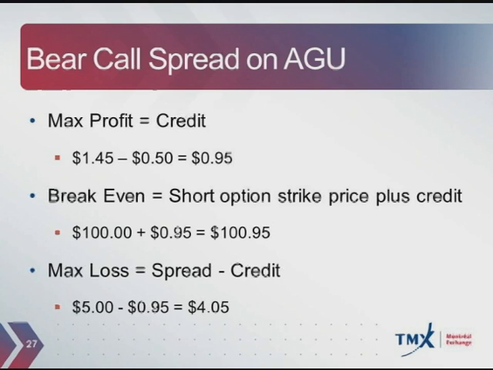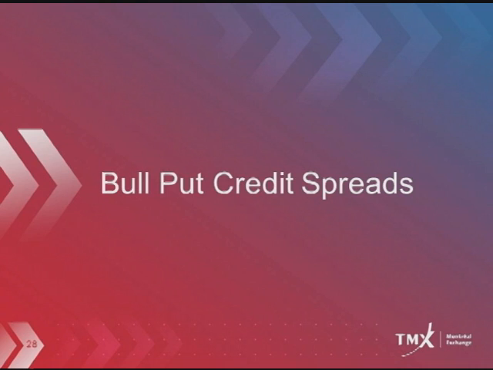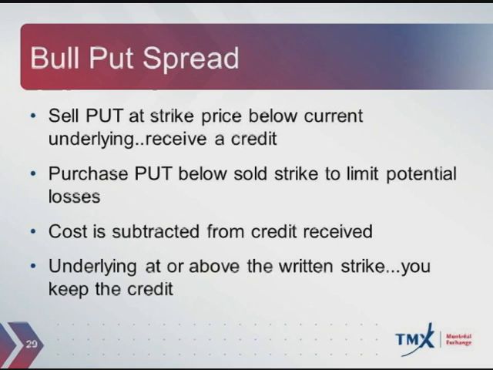We're risking more than we're actually collecting in profit. But the benefit is that as long as the stock goes up a little bit, stays the same, goes down a little bit, as long as it stays below that $100 price point, then all the options expire and we make our full credit.